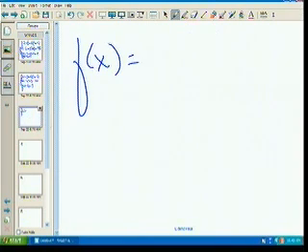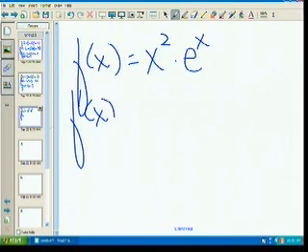So let's say the original function is x squared times e to the x. So we do have a product. All right, how does that go? x squared times the derivative of e to the x.